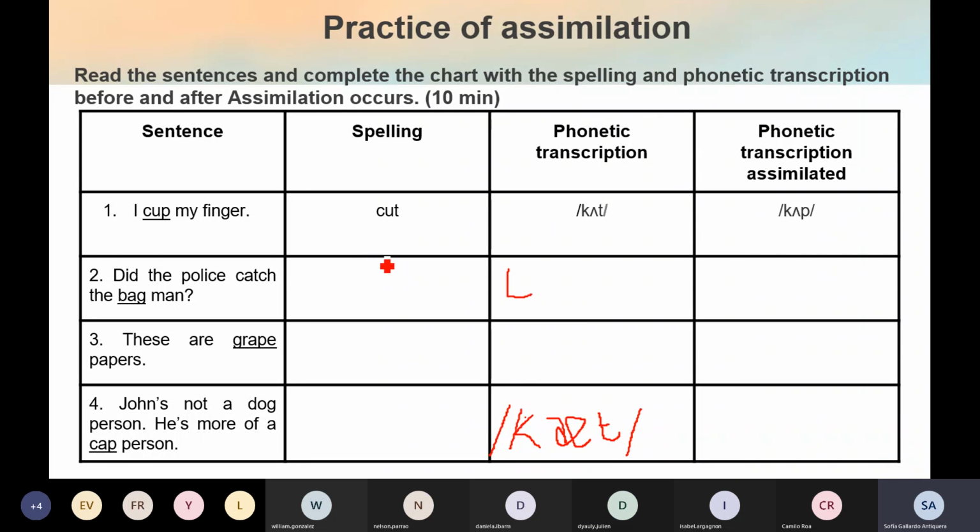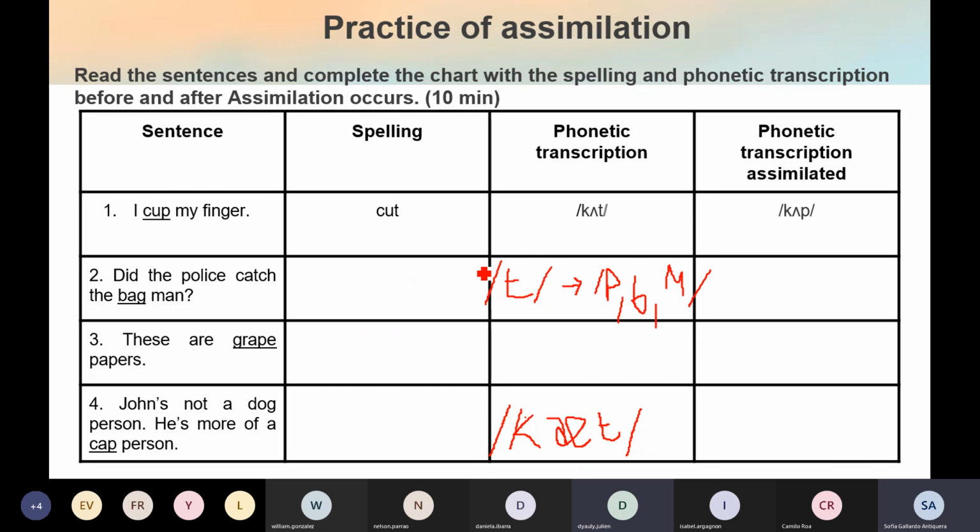When t is followed by these three sounds, it changes to p, or it depends.